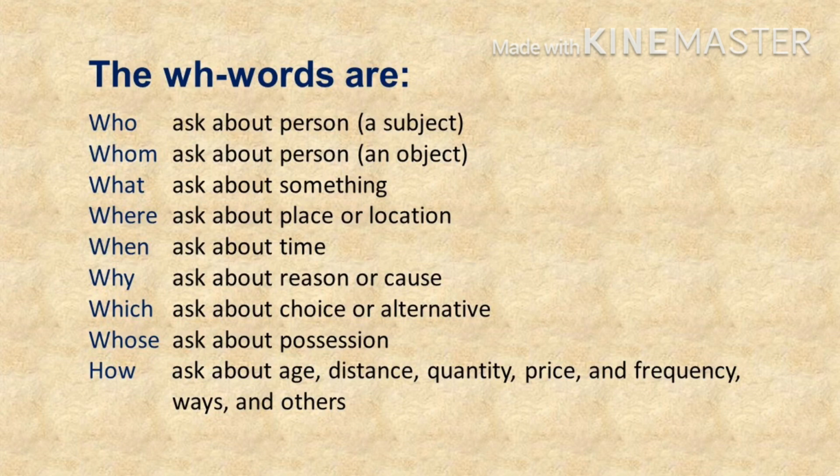Which, to ask about choice or alternatives. Whose, to ask about possessions. And how, we use how to ask different things: age, distance, quantity, price, frequency, ways, and others. So that's the 9 WH words we will be discussing in this WH questions.